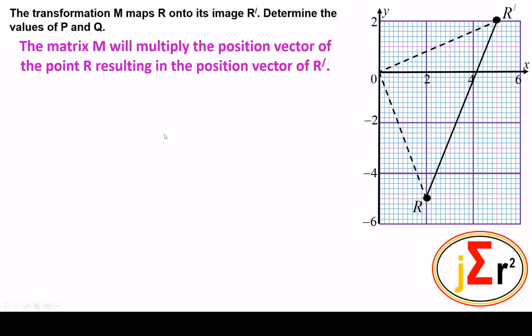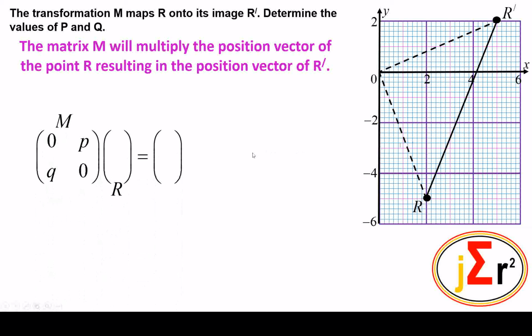The matrix M, which is the matrix of transformation, will multiply the point R, which is the original point, and the result will be the point R prime, and we are speaking specifically of the position vectors. So here we have the matrix of transformation M, we have R, and we have the image of R, which is R prime.